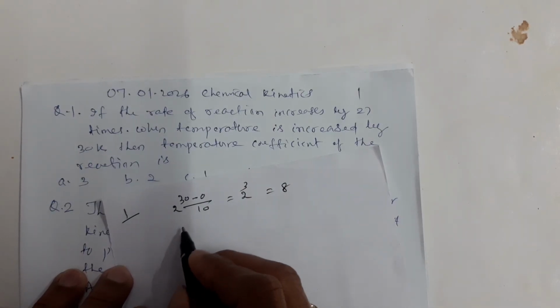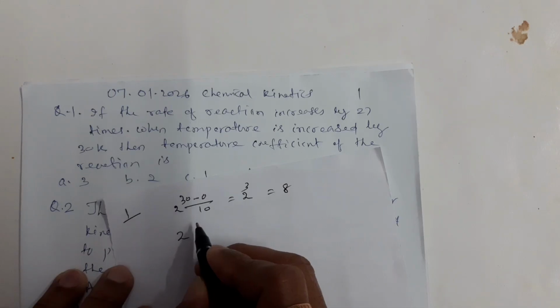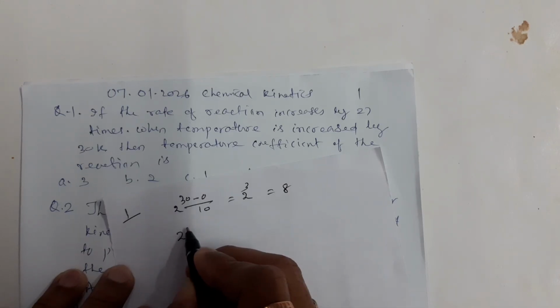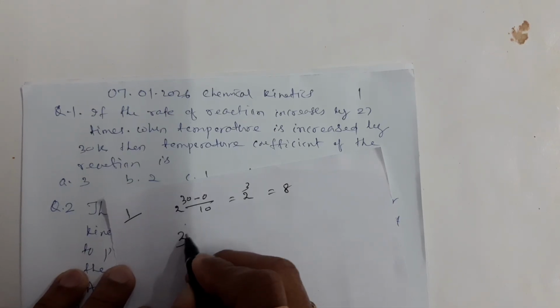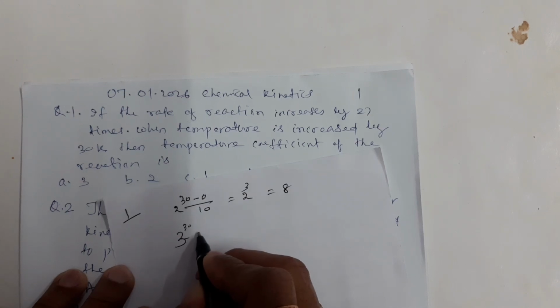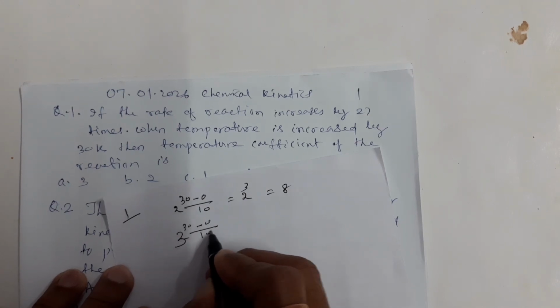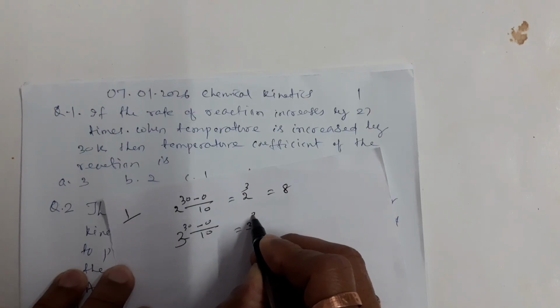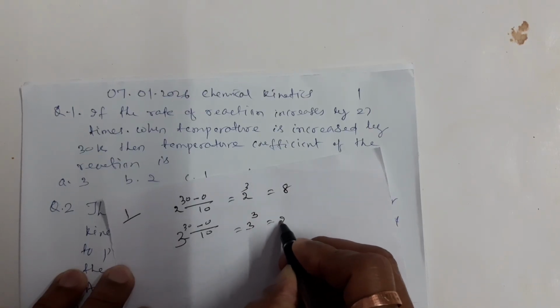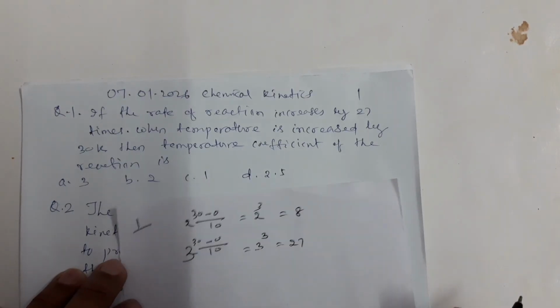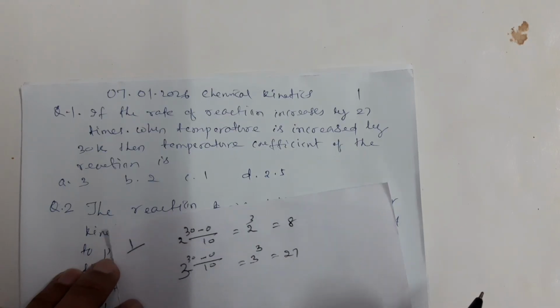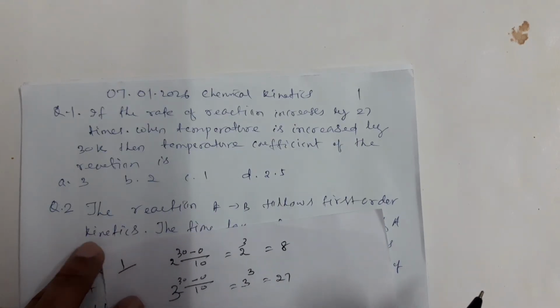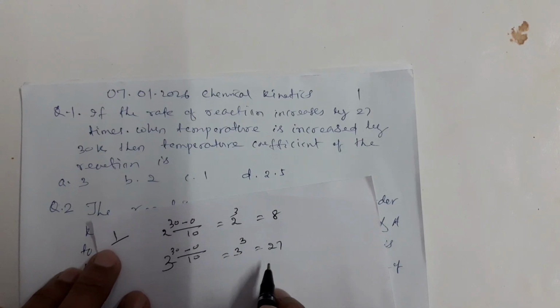Second, to the power (30 minus 0) by 10, and you will get 3 to the power 3, that is 27. So the coefficient is 3.